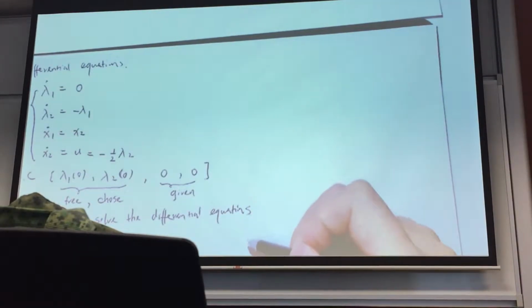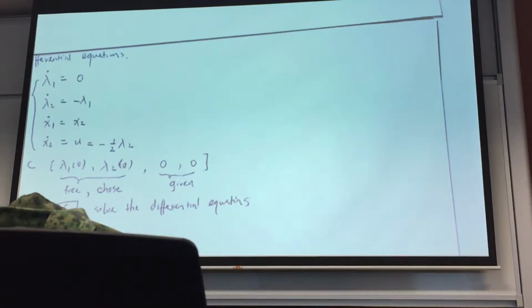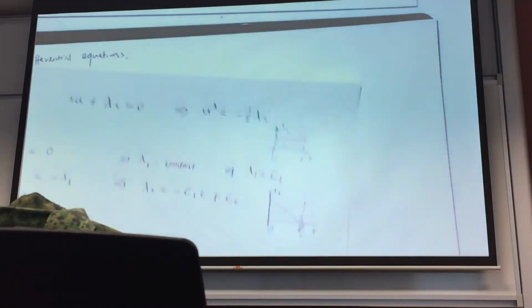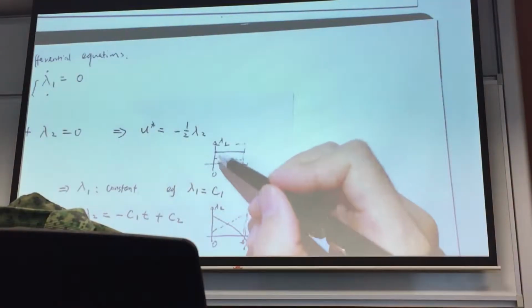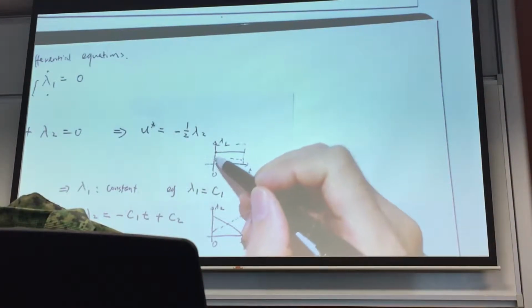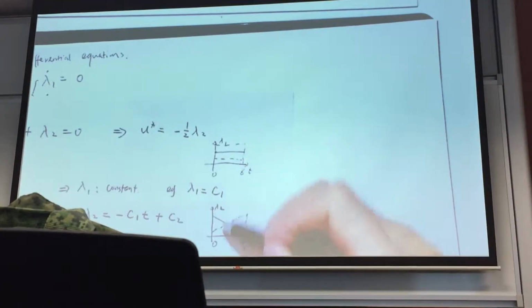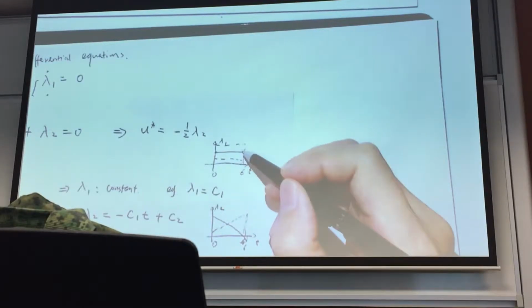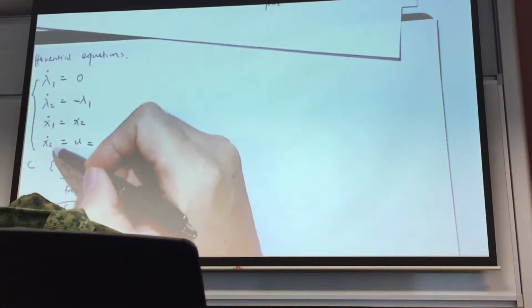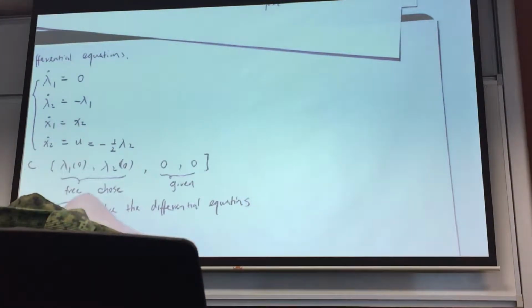So once you solve these differential equations, you will get your results. For any initial value, you can solve your differential equations and get a trajectory of your lambda and x. From here, you can check with the final state.